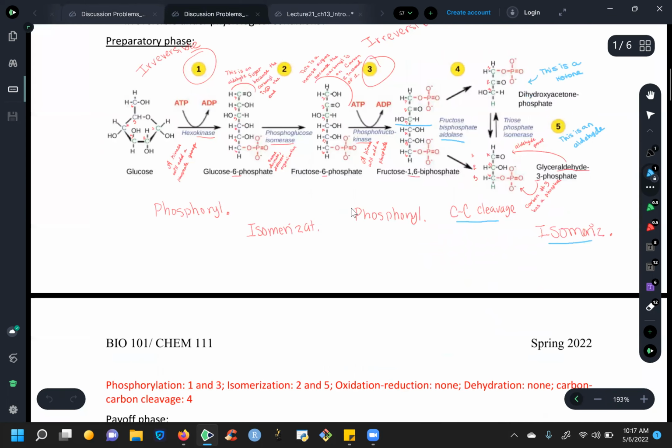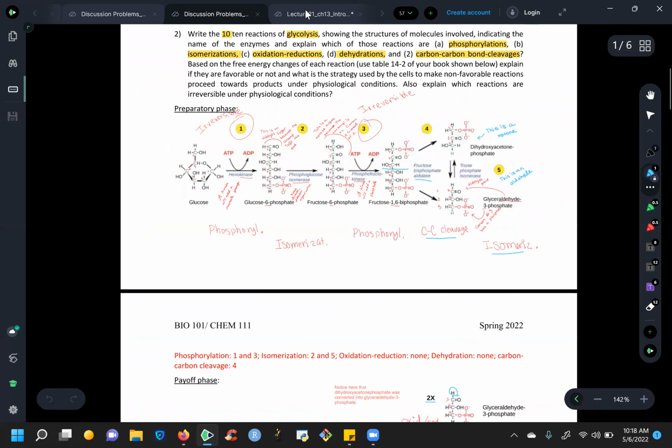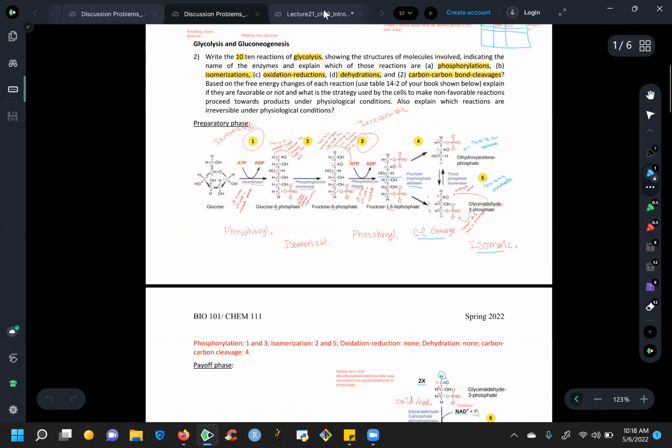This is the one I covered a couple of weeks ago, and I annotated it really well for you. So I'm not going to go over any of this stuff today, but basically you have glucose, glucose 6-phosphate, and then right here it tells you the type of reaction. Because a phosphate was transferred, this is a phosphorylation reaction, and you should know it. Reaction number 2, isomerization reaction. Reaction number 3, phosphorylation reaction. So you have that information already.